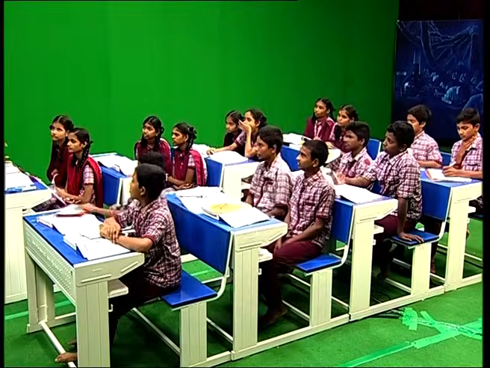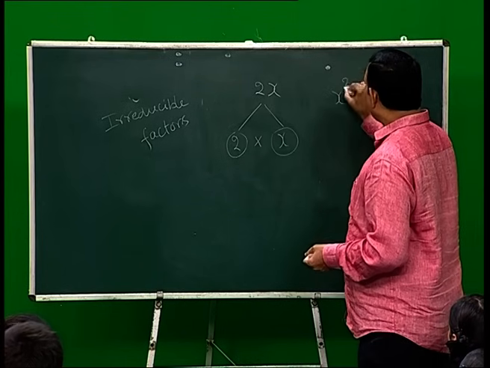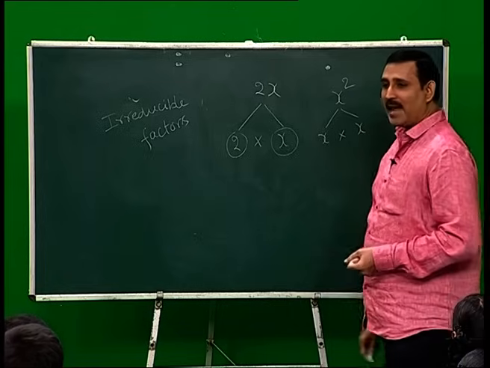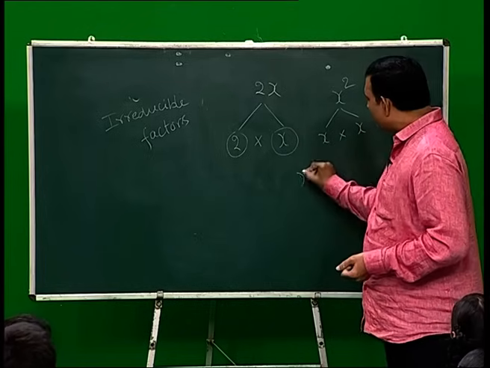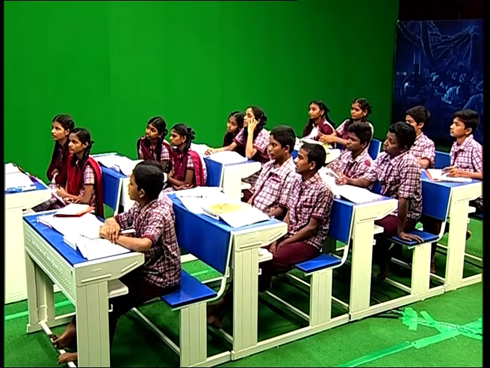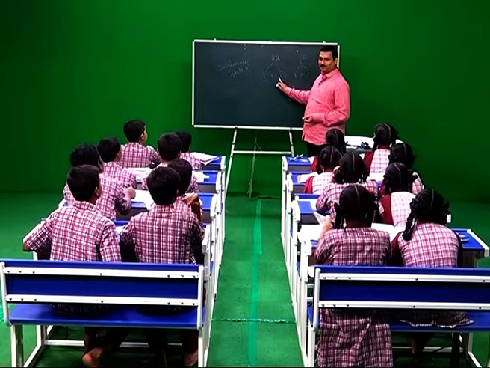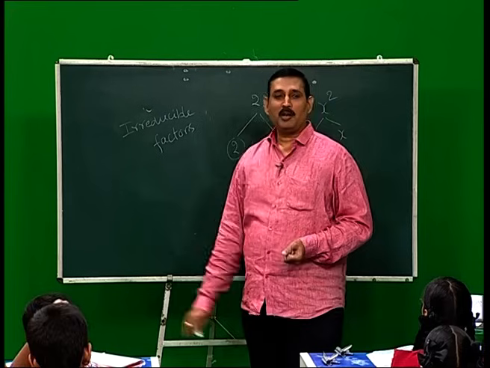For example, instead of x, suppose I gave you x square, I can split it like x into x. If it is xy, I can write x into y. But this x I cannot split further. That's why this is called irreducible factors.